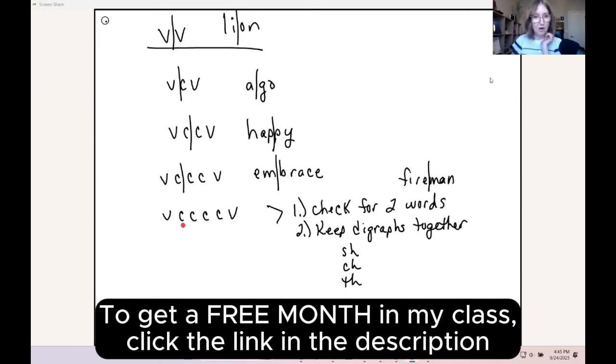So when there are 4 consonants between the 2 vowels like this, it's likely that it's either a compound word or that there is a digraph in here somewhere. Even a blend you need to keep together. Blends stay together. I'll show you these when we get practicing, don't you worry. Like BL, PR, those have to stay together. Otherwise, one consonant goes to the front, the other goes to the end.